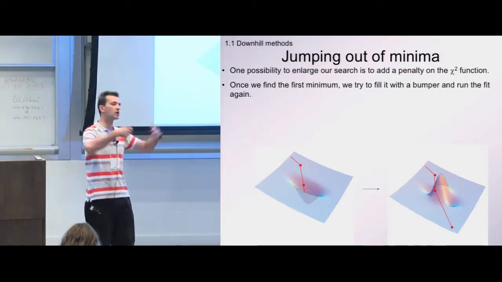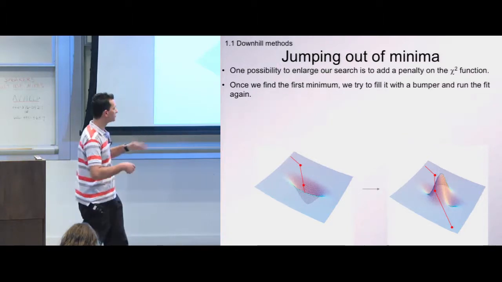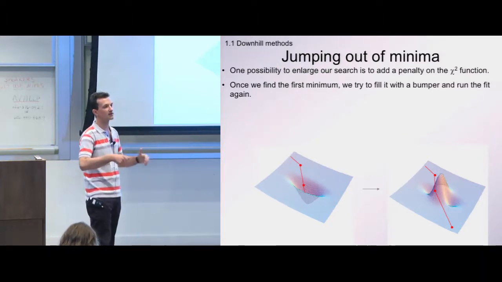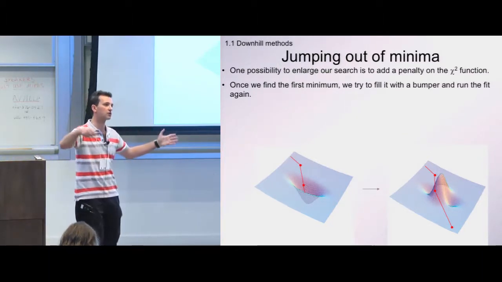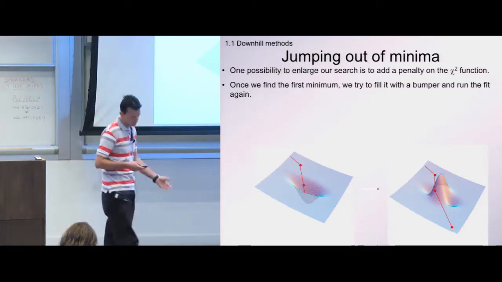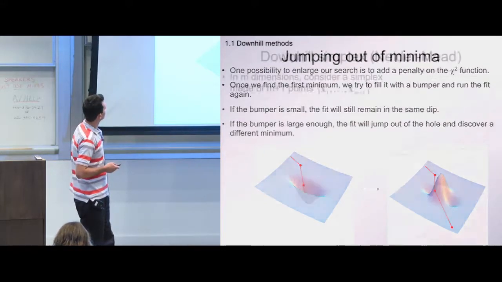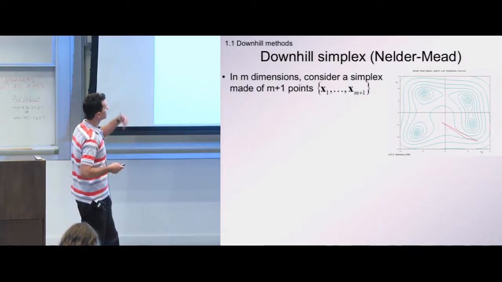So this is a way to enlarge your search. Instead of finding only one minimum, you fill up the minimum and then run the search again, and so you can find another minimum possibly, and then you can widen your exploration.